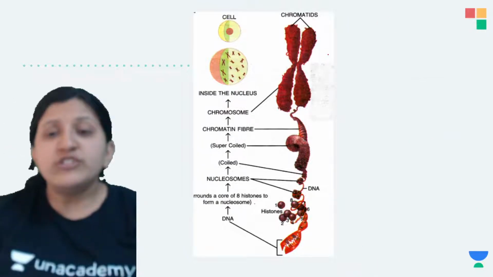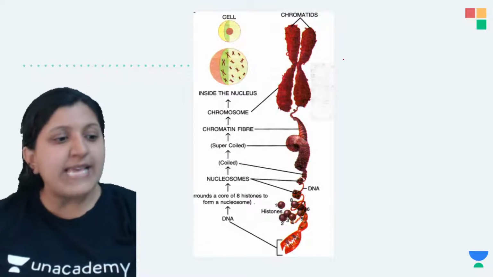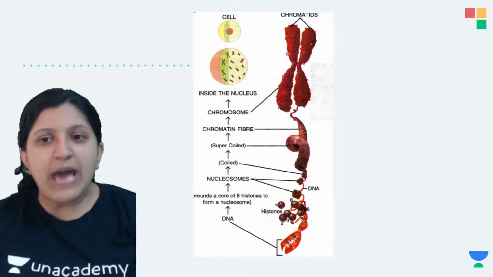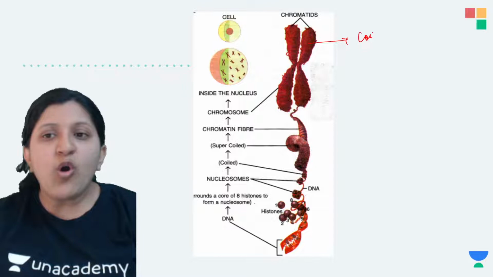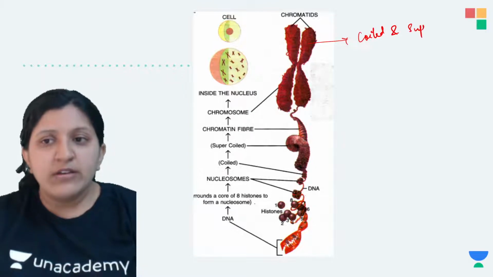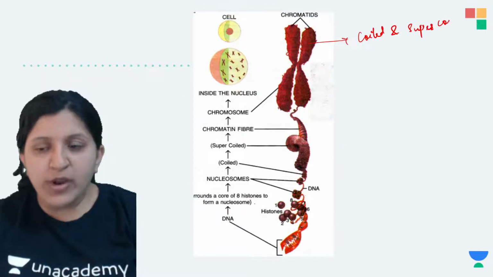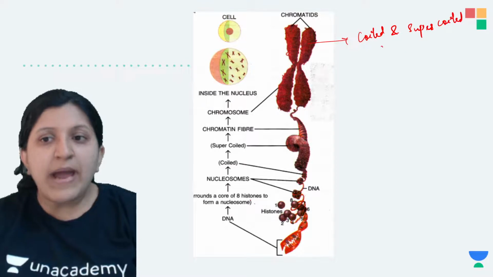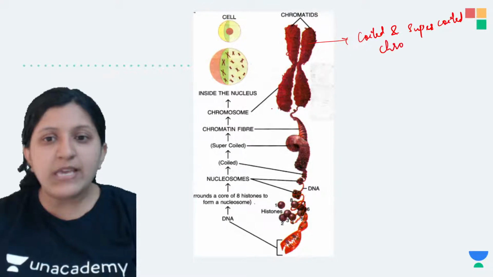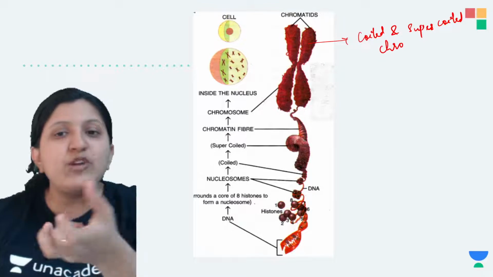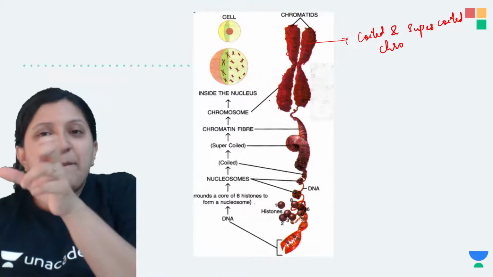Now this is a chromosome. What exactly is the chromosome having? It has coiled and supercoiled chromatin fiber. You can see here, I'll try to pull. Let's say Piyush is trying to pull a particular thread.